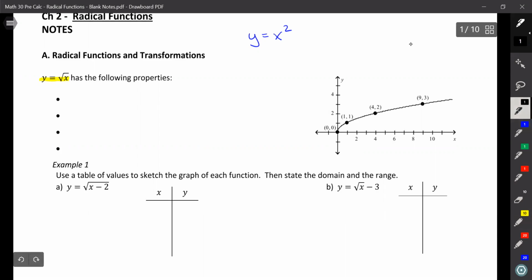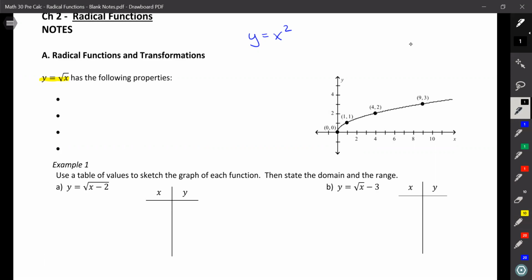The first thing we notice to the right here is the graph of y equals the square root of x. When we talk characteristics, we always talk intercepts, domains and ranges, and if necessary, turning points and such.